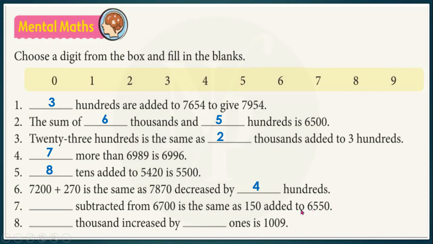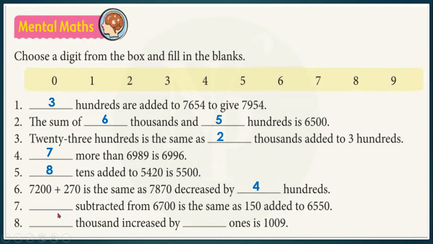If you add 150 to 6550, so on adding 100 you will get 6650. Again adding 50 you will get 6700, isn't it? So you will get 6700 on adding 150 to this number. So here also we have 6700.